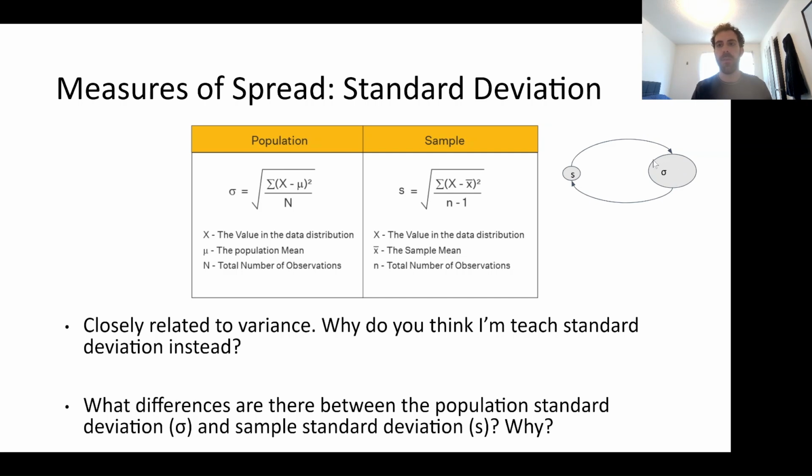This is the Greek letter sigma, lowercase sigma, and this is S for sample standard deviation. And the formulas are very similar. There is a difference, and we're going to talk about that difference too. Before we get into that, I want to ask you, if you're familiar with variance, what is the difference between standard deviation and variance? And why do you think I'm presenting to you standard deviation as opposed to variance?